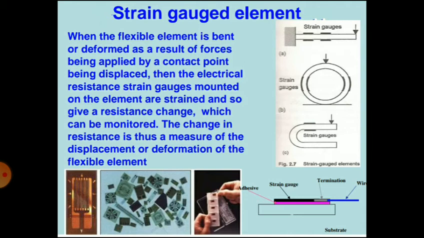When the flexible element is bent or deformed as a result of forces being applied by a contact point being displaced, then the electrical resistance strain gauges mounted on the element are strained, and so give a resistance change which can be monitored. A change in resistance is thus a measure of the displacement or deformation of the flexible element.